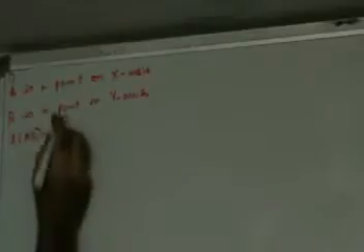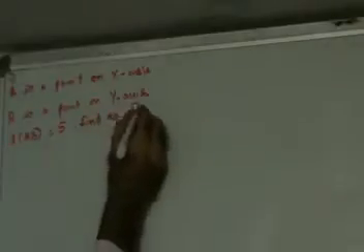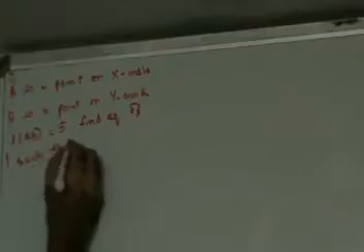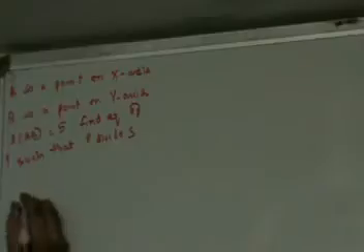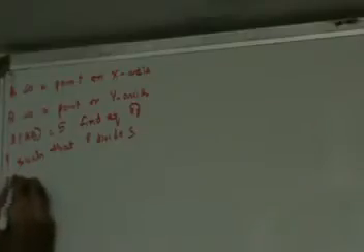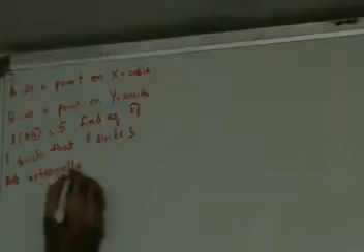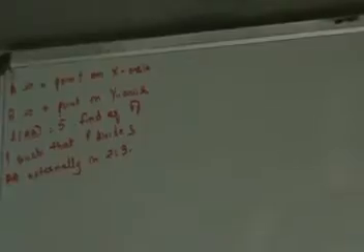They said find the equation of P such that P divides AB externally in 2:3. Right? Now let's see how do we do this sum.